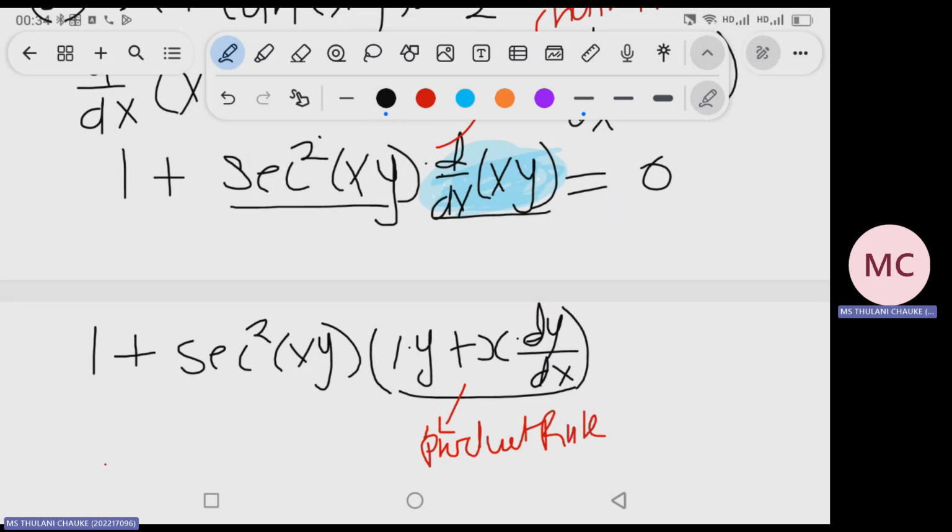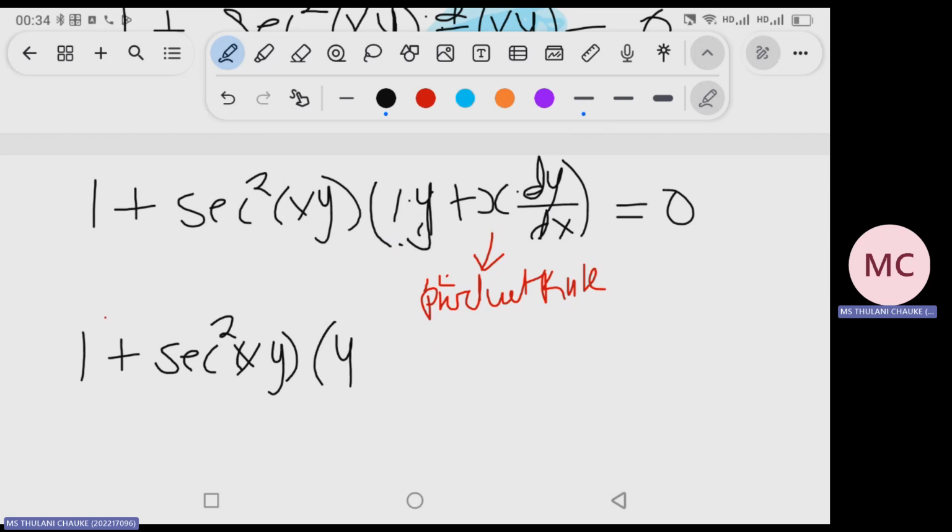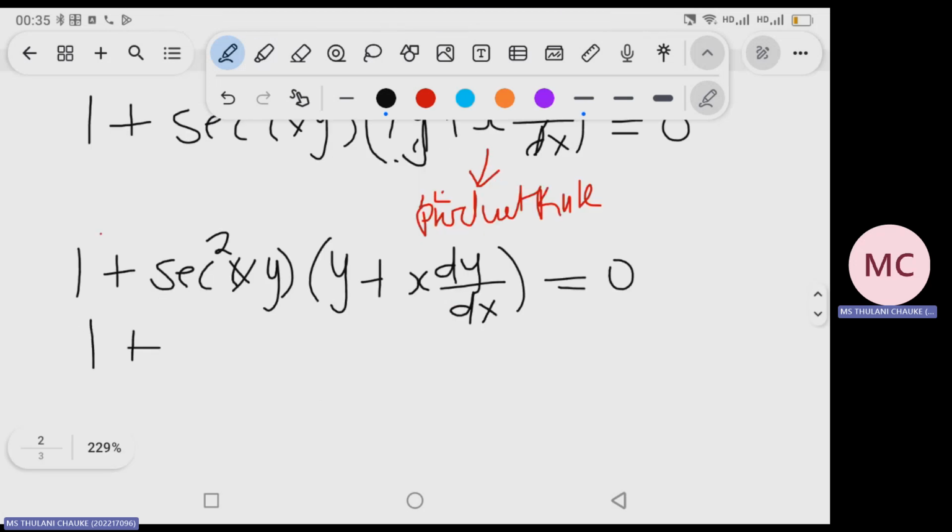So this is going to be equal to 0, right? And then from here, you know that we're going to say 1 plus sec squared of xy into y plus x dy over dx equal to 0. So we'll just multiply sec squared of xy and distribute it.